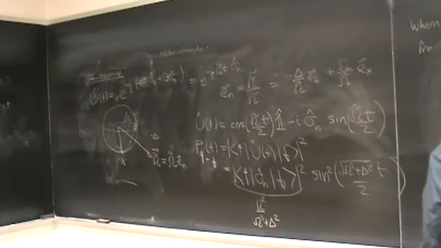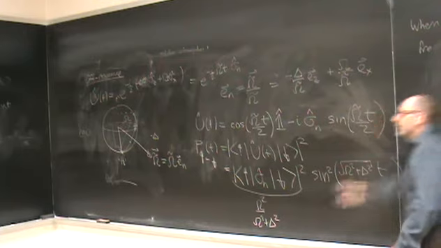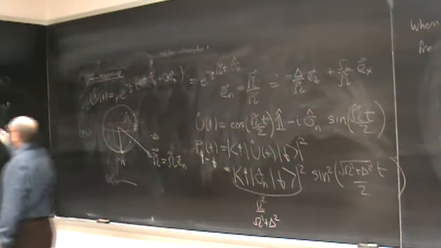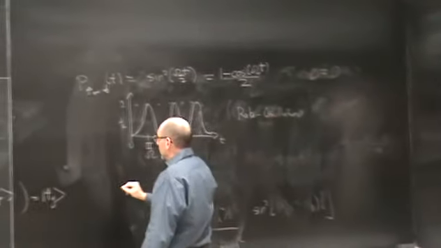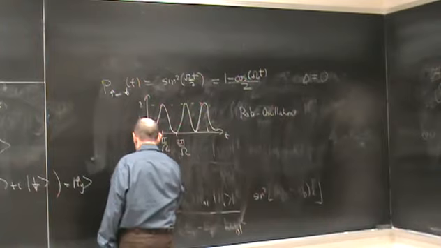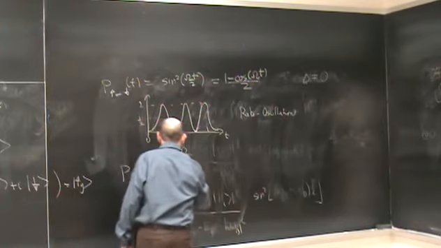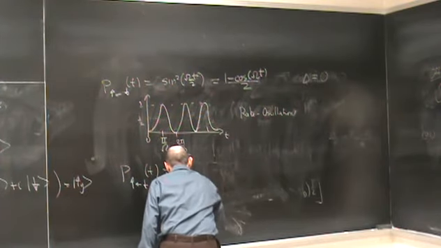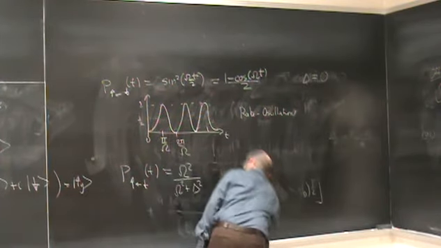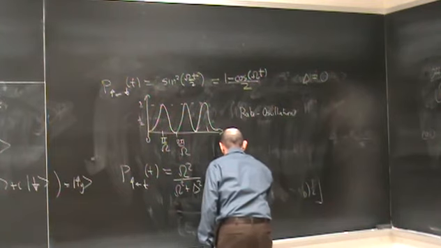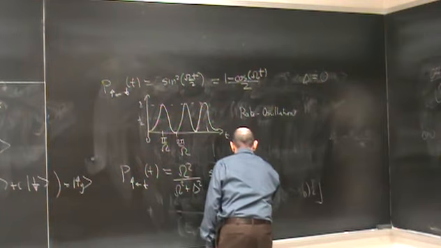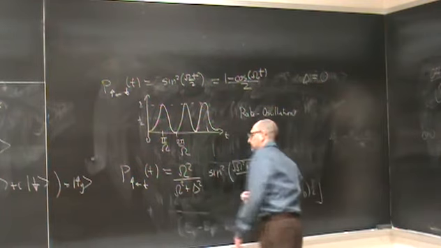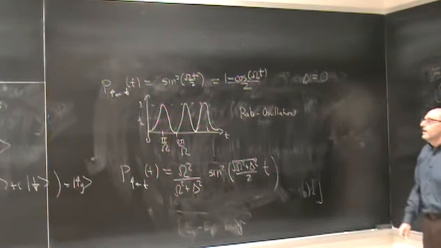So let's just conclude with what we found. Let's come back to the front board. This is what we have for delta equals 0. More generally, the transition probability is equal to omega squared divided by omega squared plus delta squared, times sine squared of the square root of omega squared plus delta squared over 2, times t.